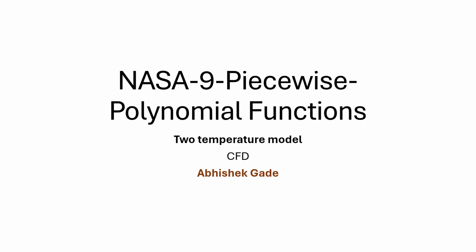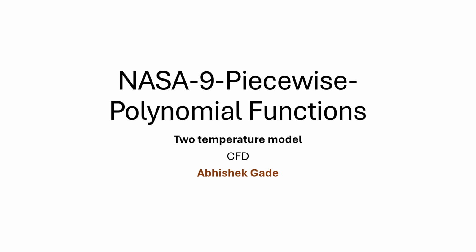So what happens in a two temperature model is, there are four energy modes which we remember from our school days: the translational energy mode, rotational energy mode, vibrational energy mode, and electronic energy mode for the species.